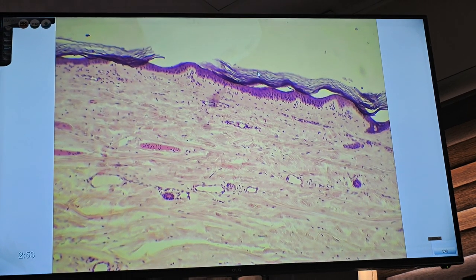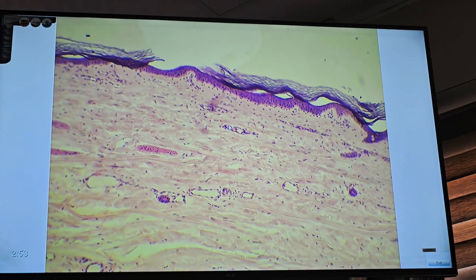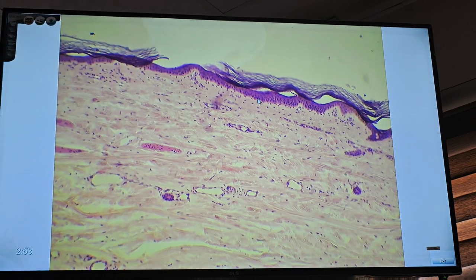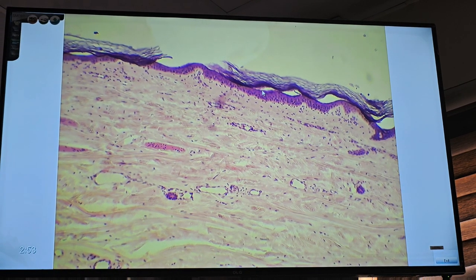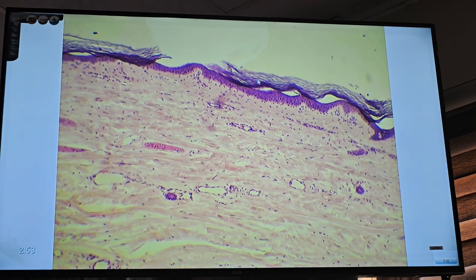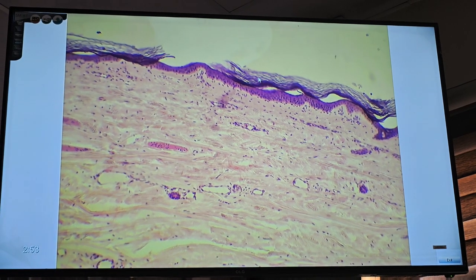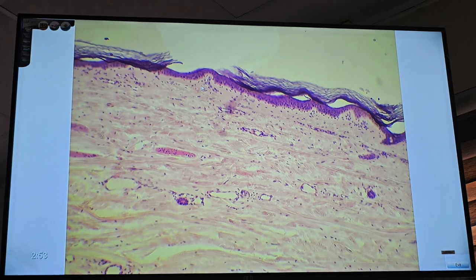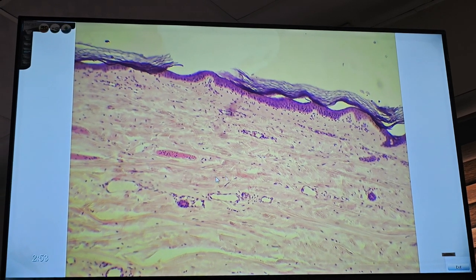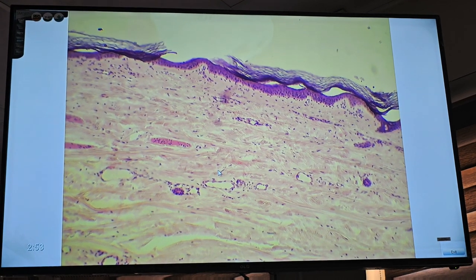This is the epidermal layer, and this is the dermal layer. Stratum basale, spinosum, granulosum, corneum. This is the papillary layer, and this is the deep reticular layer.